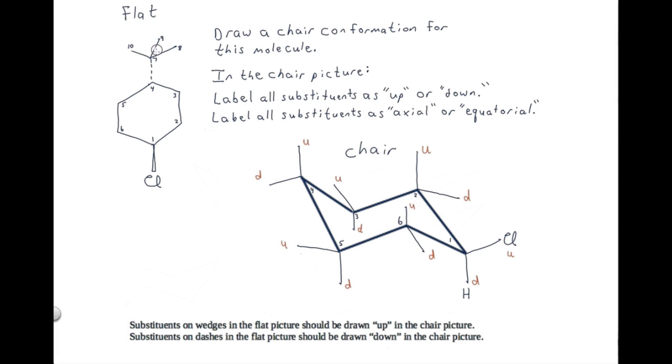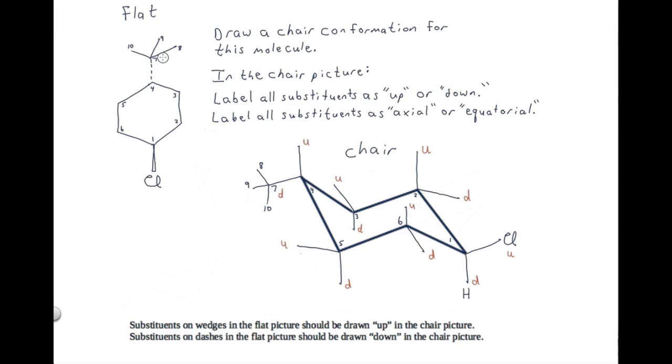Let's try that for this substituent, carbon 7. Carbon 7 is on a dash connected to carbon 4. So a dash connected to carbon 4 in the flat picture should change into the down position in the chair picture, and that's on carbon 4. So here in the down position, I'm going to put carbon 7.